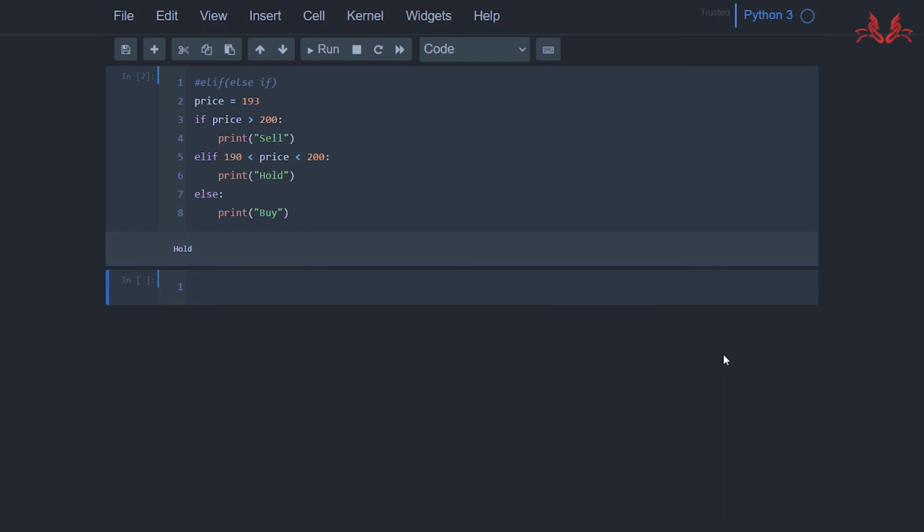As you can see, it outputs hold, because the price is bigger than 190 but smaller than 200. And we change the price to 172 and execute it. Yeah, as you can see, it outputs buy.